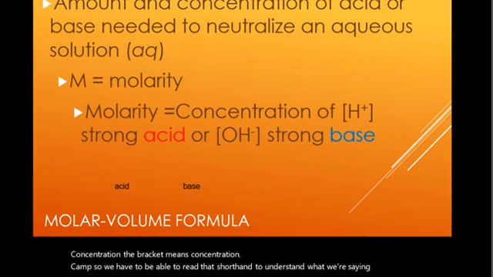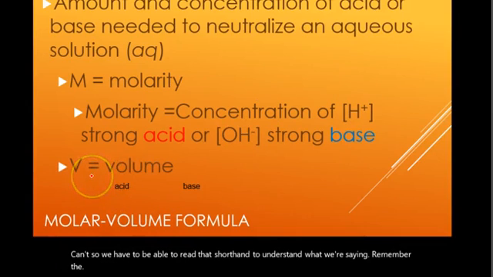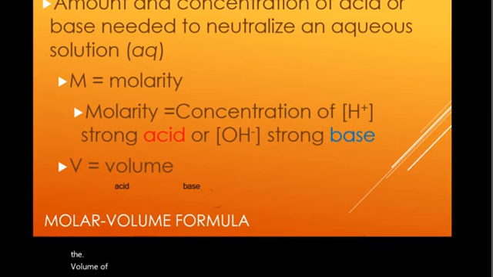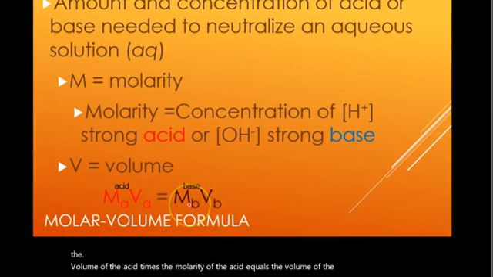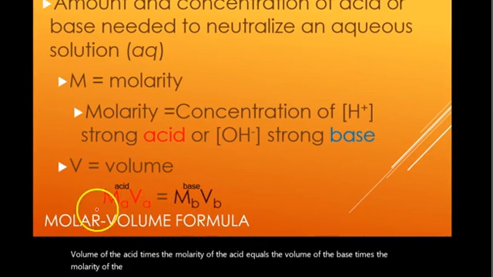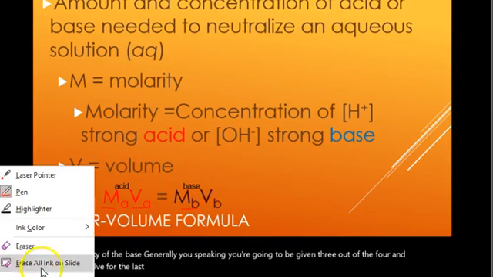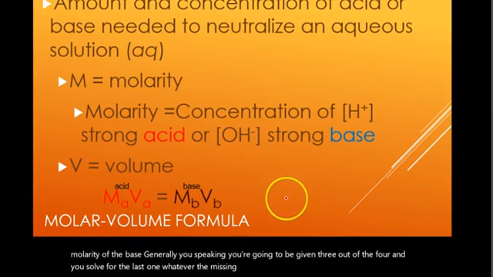Remember, the volume of the acid times the molarity of the acid equals the volume of the base times the molarity of the base. Generally, you're going to be given 3 out of the 4, and you solve for the last one, whatever the missing piece might be, using Algebra 1, where you isolate the variable.